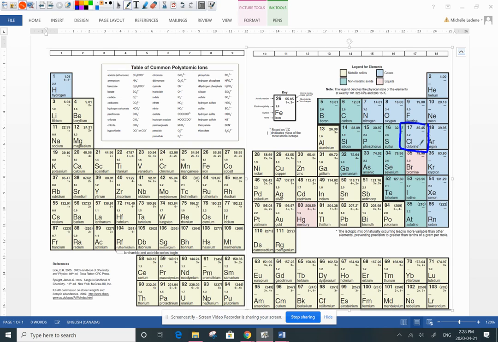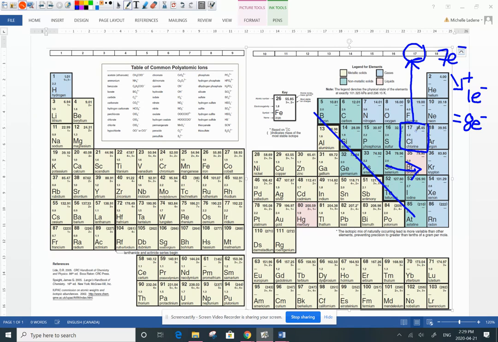We know that it is a non-metal because it is on the right side of the periodic table. I look up to its group. The last digit, 7, tells me that it has 7 electrons. Remember, the magic number is 8. That means it has to gain 1 electron to make a full octet, to have 8 electrons.